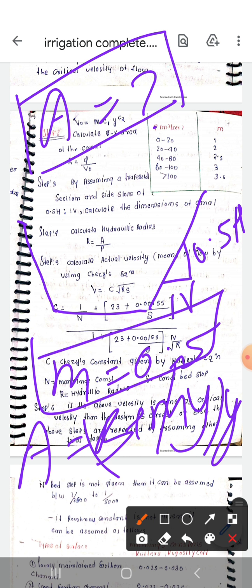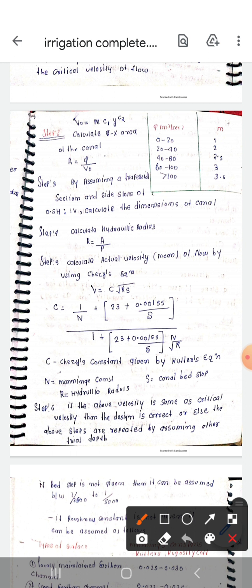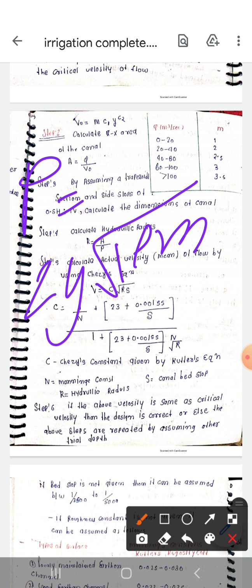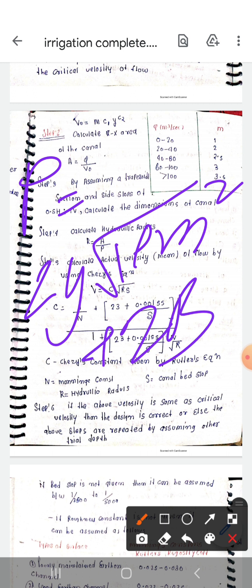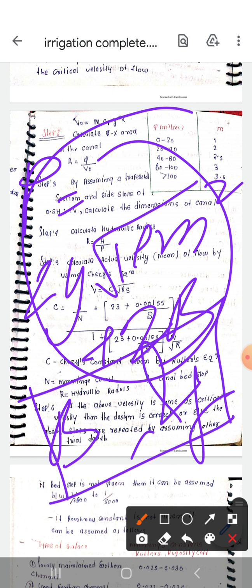Similarly, there is another relation which we can find, that is P is equal to 2y under root 1 plus m square plus b. So by using these relationships, we can find b and y. These are the dimensions of the canal. So in the third step, we have to find the dimensions of the canal. So 3 steps have been done.